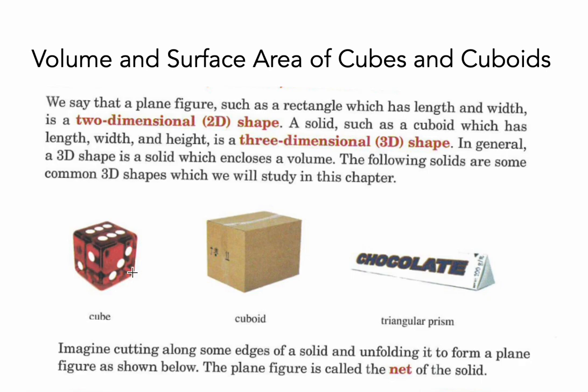So we have a cube, which has the same 2D shape on all sides, which is made up of squares. So 3D shapes are also made up of 2D shapes to compose that figure. A cuboid sounds like a cube, but it's just a fancy word for what is also called a rectangular prism.